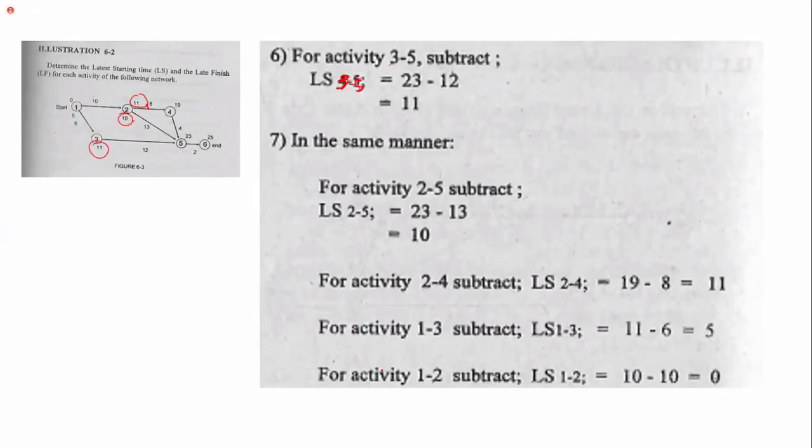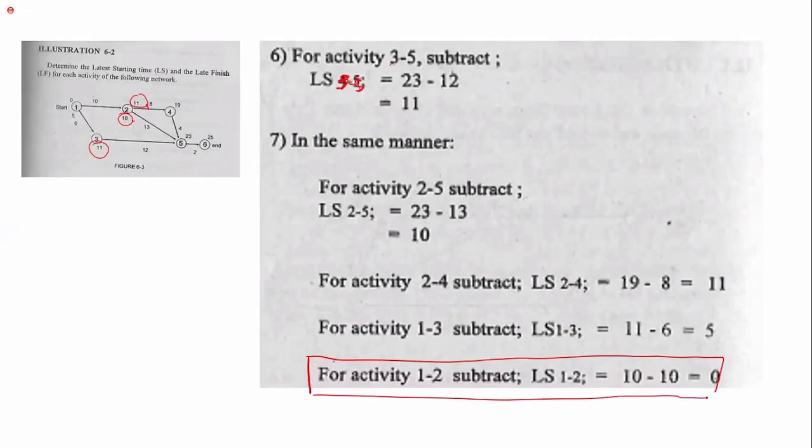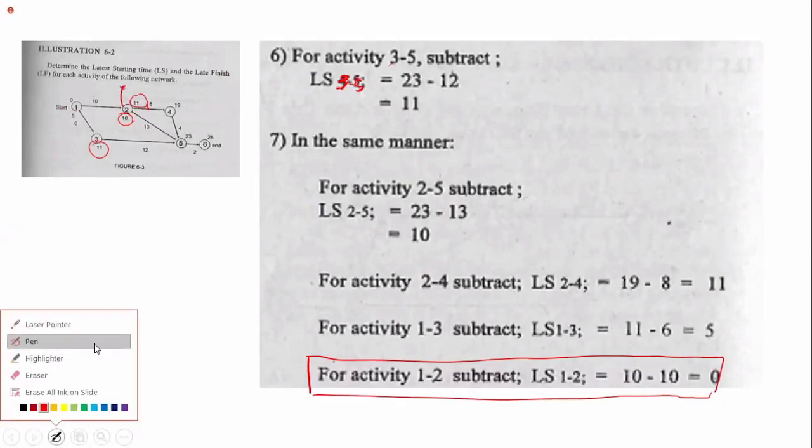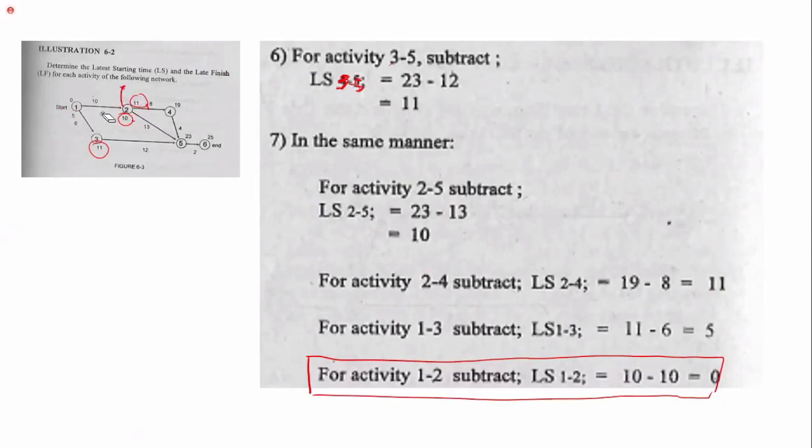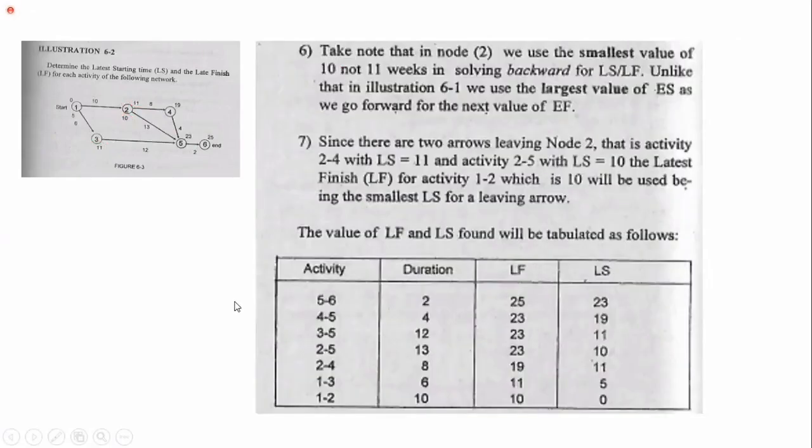So for activity 1 to 2, subtract the smallest value on node 2, on event 2, to get the late start of activity 1 to 2. Take note that in node 2, we use the smallest value of 10, not 11, in solving backward. Review if you understand my explanation.